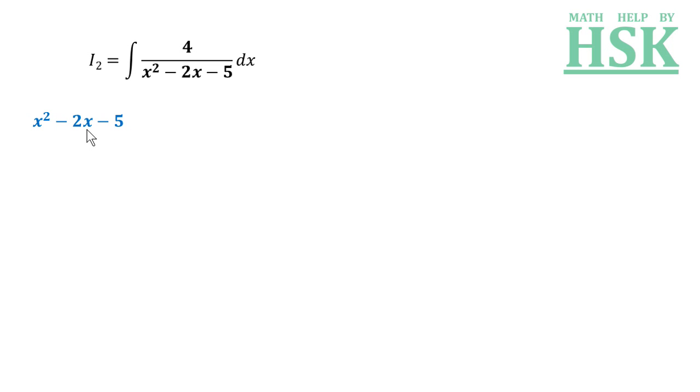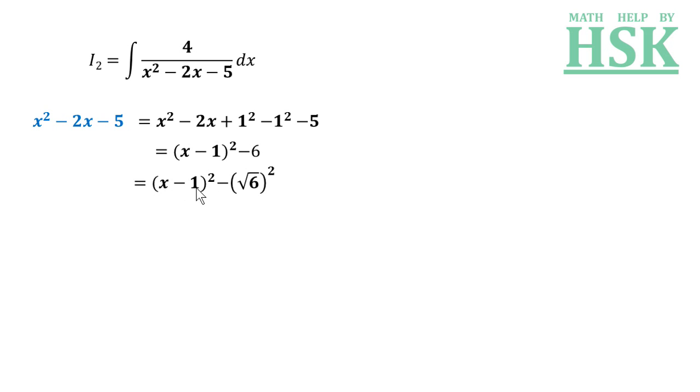So I take the coefficient of x, that is minus 2, neglect the minus sign, so I have 2 divided by 2, I have 1. I'm going to add 1 square and subtract 1 square from this expression. So the expression would look like x square minus 2x plus 1 square minus 1 square minus 5. These terms can be written as x minus 1 whole square minus 6, or x minus 1 whole square minus root 6 whole square.